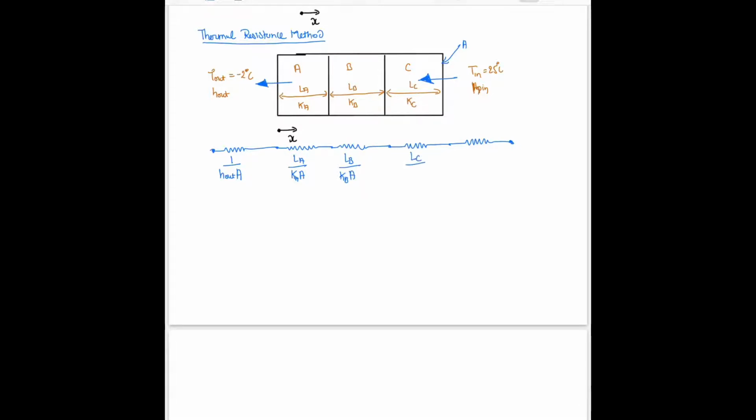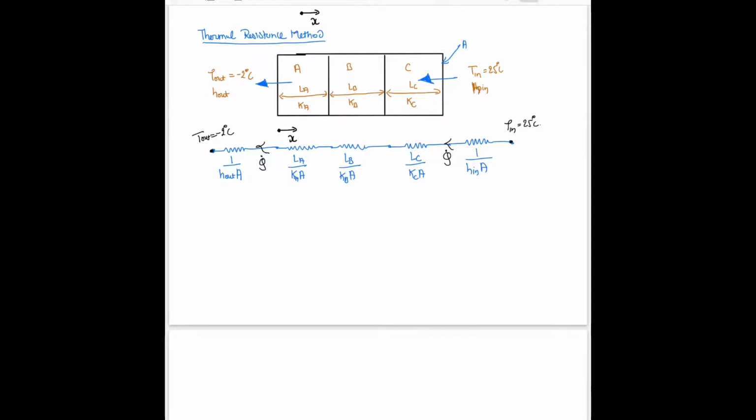Here I will have a thermal resistance of LC by KcA, and again the convective resistance due to the air, which I can write as 1 by H in A. So this is the thermal network diagram for this composite wall, and the temperatures are T out equal to minus 2 degrees Celsius, and T in equal to 25 degrees Celsius, and the heat is flowing in this direction, Q dot.